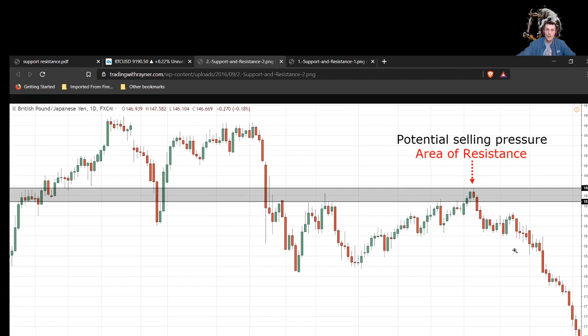How I do that is I use the body and the wick, from the bottom of support or resistance to the very top area of resistance. So the low to the high of resistance. Same with support: I will go from the high of support down to the low of support. That's what this grayed-in box is showing you, the area. Down here you have your lowest point of resistance, and up here is your highest point of resistance.